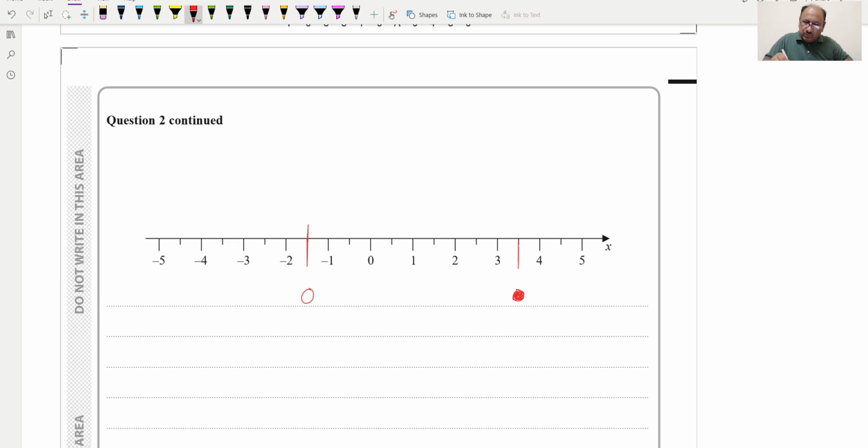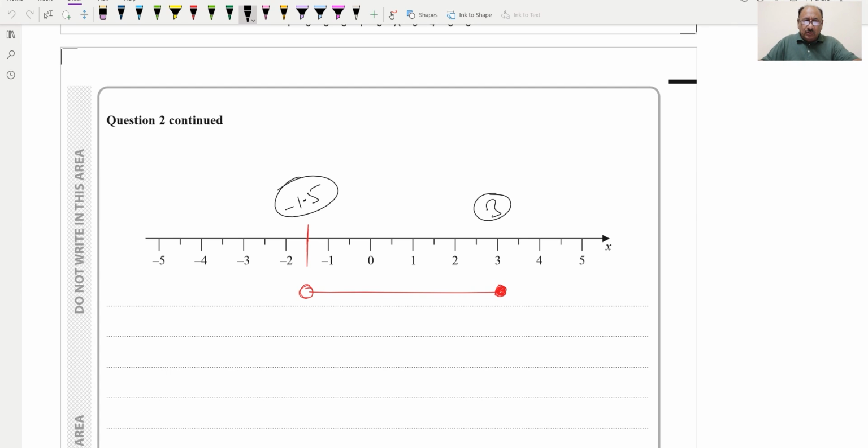This should be at 3, and then we will be drawing a line, and the line will be like this one, and we can draw a circle over here. This should be white, and this is the answer because 3 is included and minus 1.5 is not included. We can write here minus 1.5 and 3 as the values.